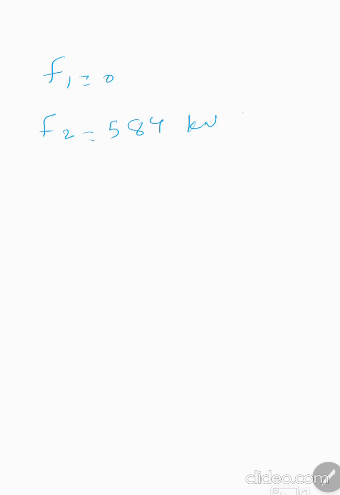This is tension because it's positive, not negative. F3 equals 620 kilonewtons. Also this is tension because it's positive. Okay, so that's all for how we can solve and find the internal force for a 3D truss. Thank you so much for kindly watching and listening.